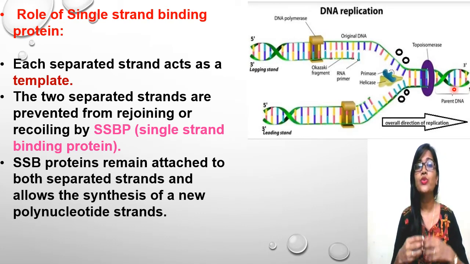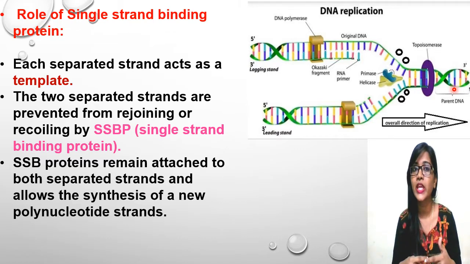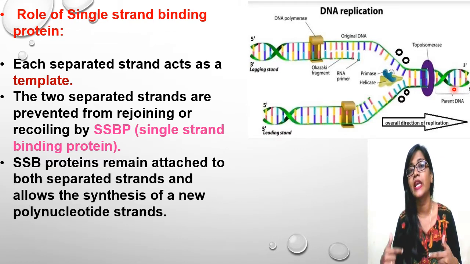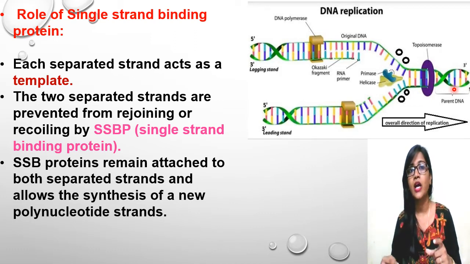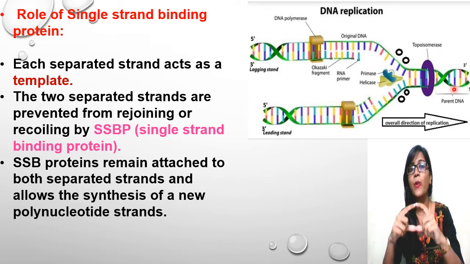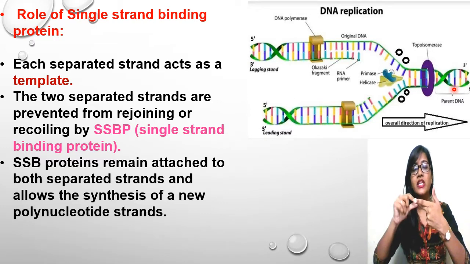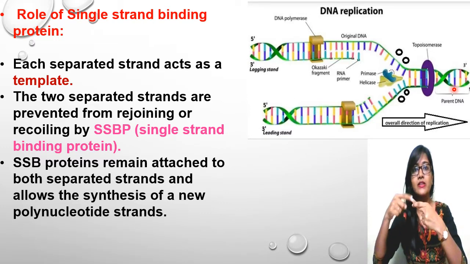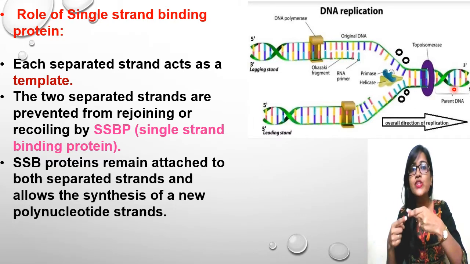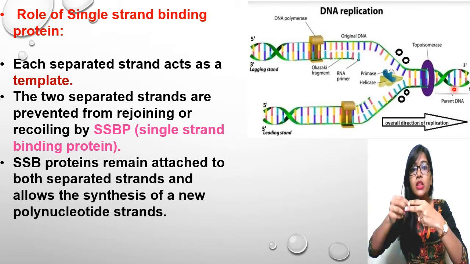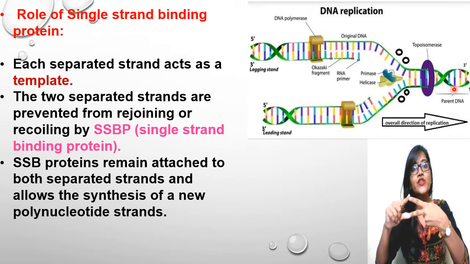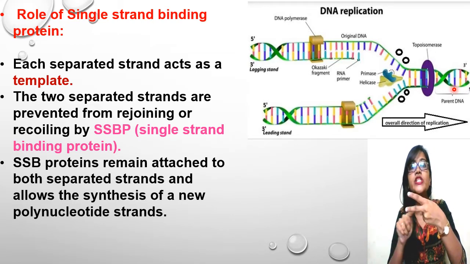To avoid the twisting of the untwisted DNA, because we need the two separate DNA strands. Try to understand that the DNA structures are like this. We don't need such supercoiled two strands of DNA. We need the uncoiled two strands of DNA, because we need two templates.